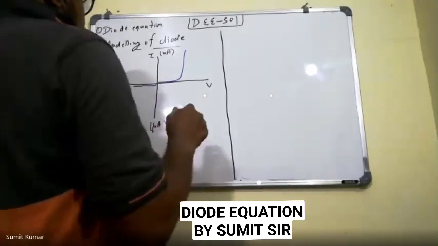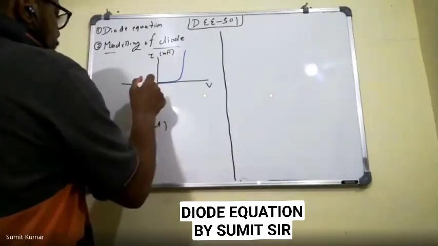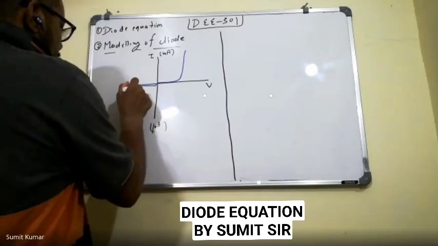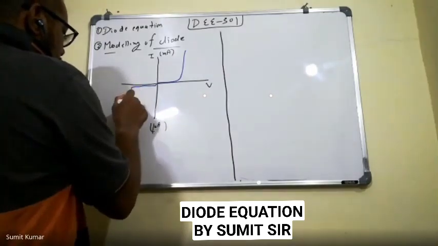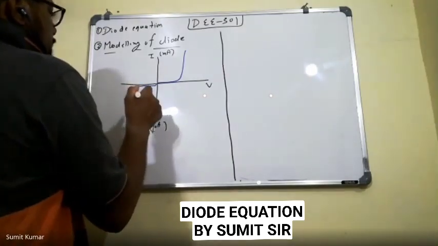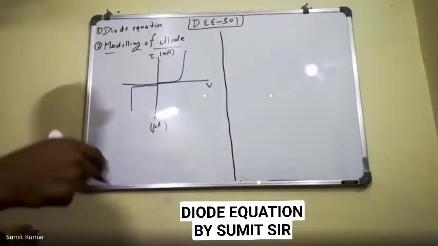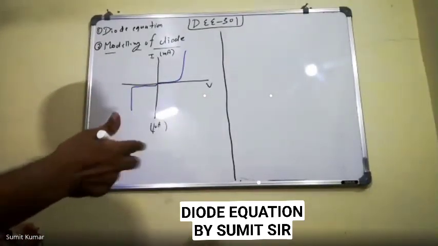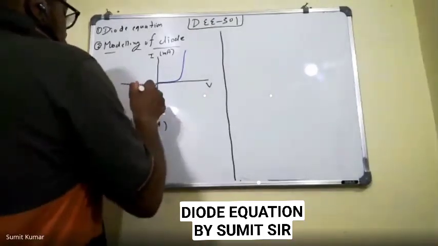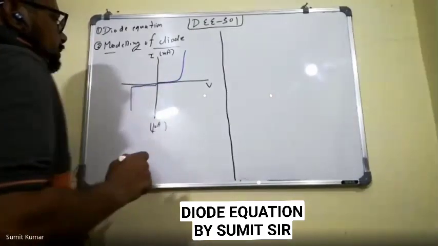So basically, this is the forward bias, this is the reverse bias, and here you can see this is the breakdown region. So the diode characteristics constitutes of three parts: forward bias, reverse bias, and breakdown. And we discussed all these characteristics in the previous class.